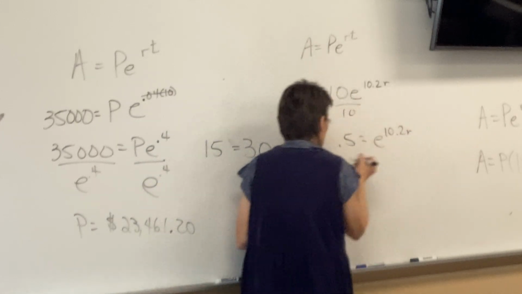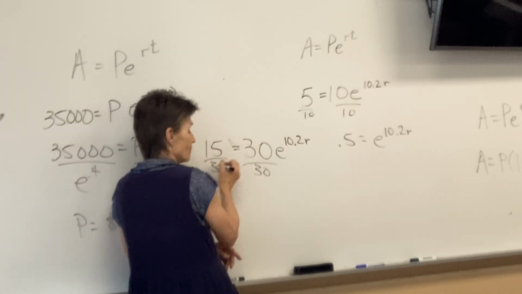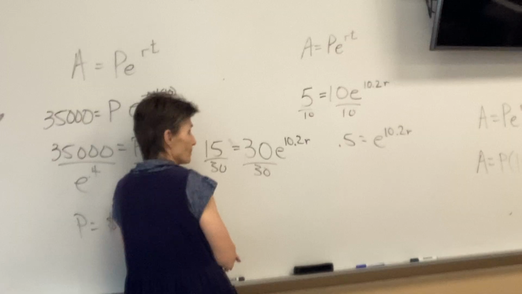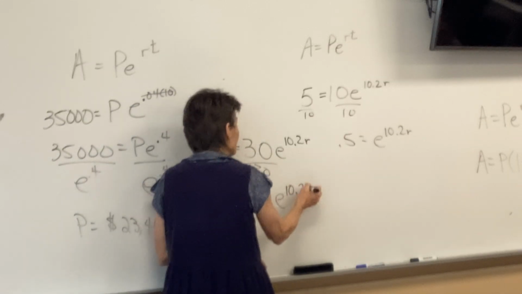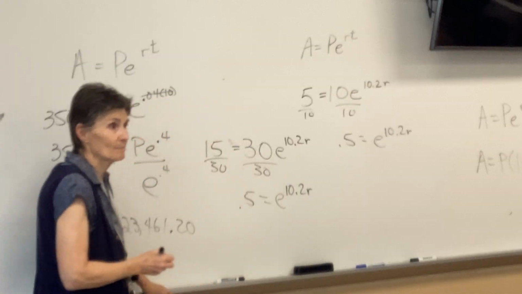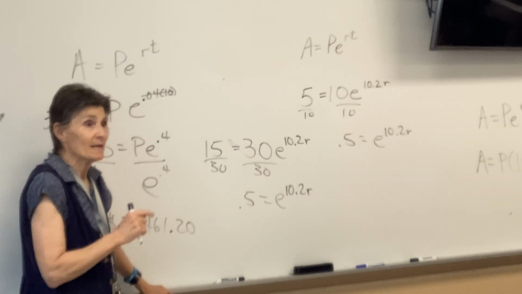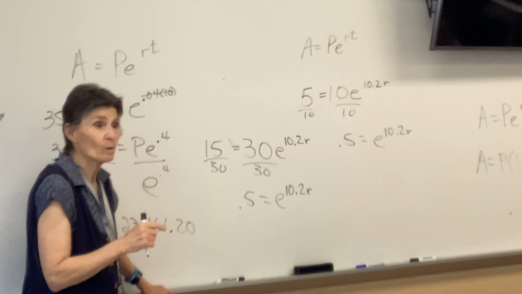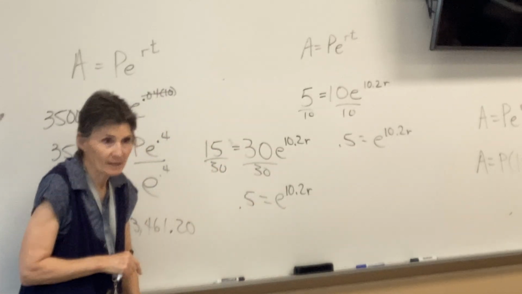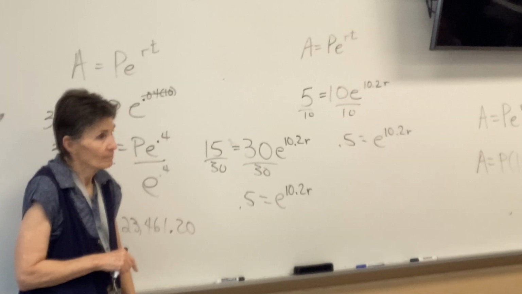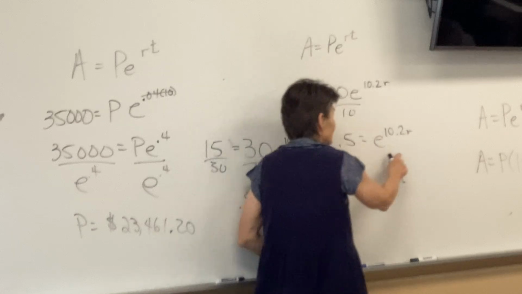Now, what about this one? What if I started with 30? It cancels out. 0.5. Aren't I going to end up with exactly the same problem? Yes. So the moral of the story is, if you don't know how much you're starting with, it's okay. Pick a number and end up with half of it. When you divide, you're going to end up with this equation.